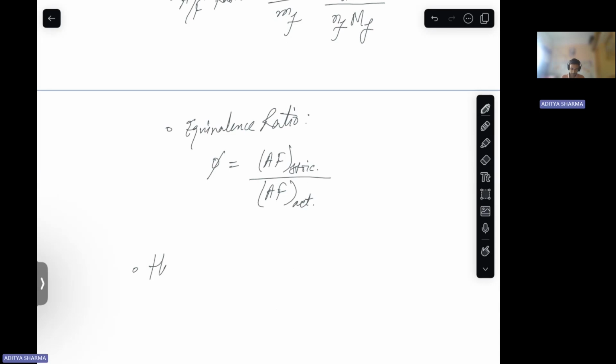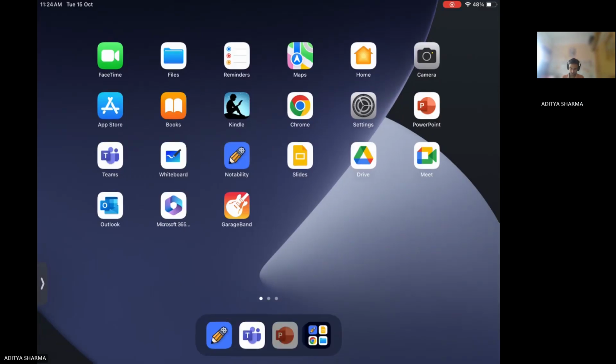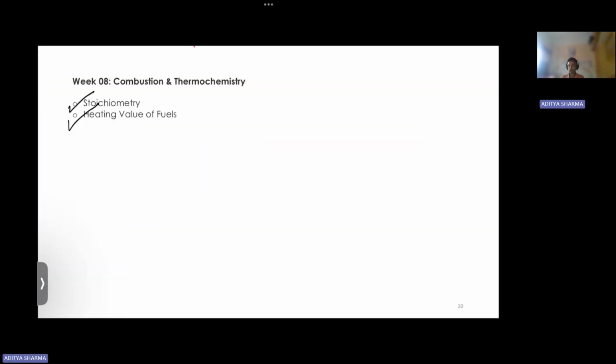After that, heating values. There are two types of heating values. One is your high heating value, and the second is your low heating value. So what are these two? In your combustion products, you have water as one of the products, right? In some cases your water will be in liquid state, and in some scenarios your water will be in evaporated state.